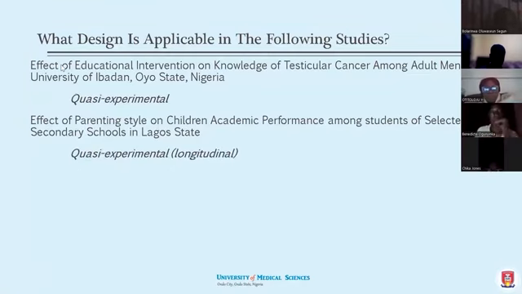You have to have your control group and your experimental group. You may have to divide students into groups where you have different parenting styles.